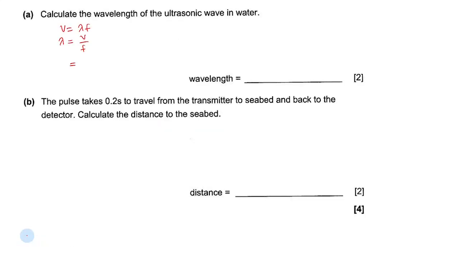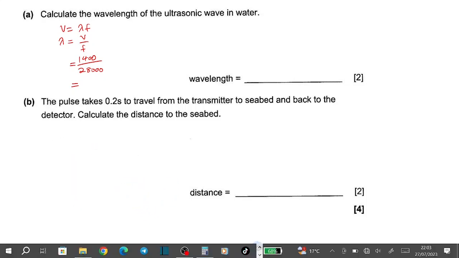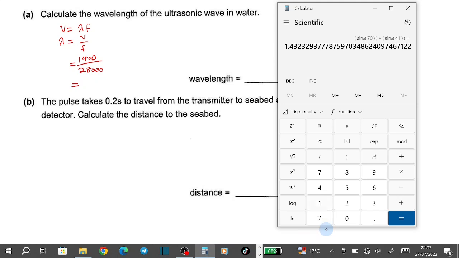So same here, 1,400 divided by 28,000. Now we'll quickly call upon our calculator and do the division. 1,400 divided by 28,000 will give us 0.05.